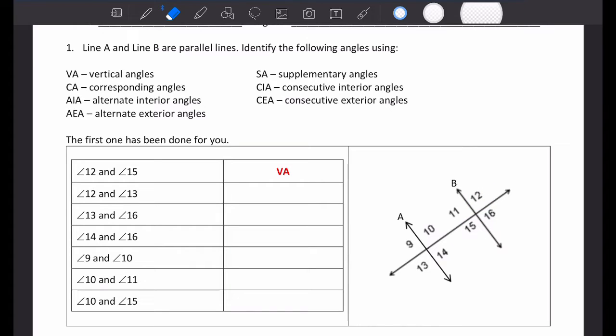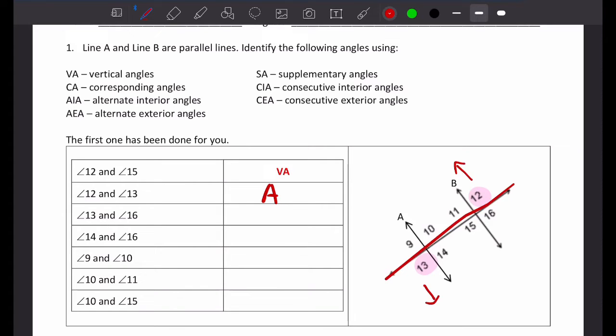So let's look at the next question. It says angle 12 and angle 13. So now if you look at it, remember this is our transversal line, okay? That's the transversal line. As you can see, one angle is on the left side, the other angle is on the right side. So for sure, that is already alternate, okay?